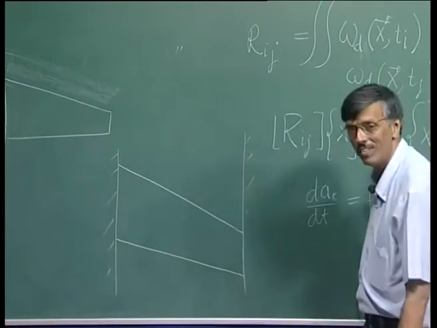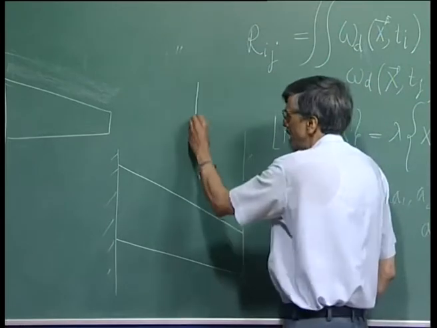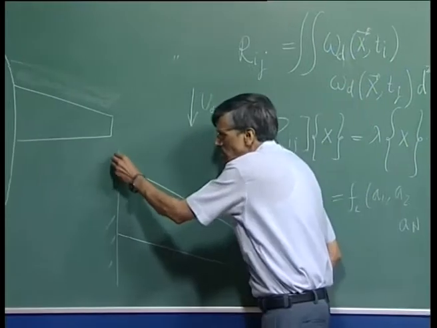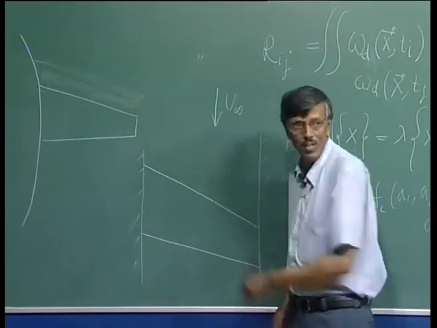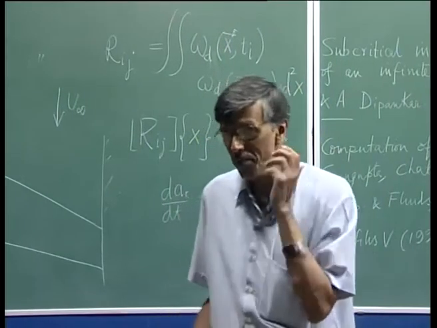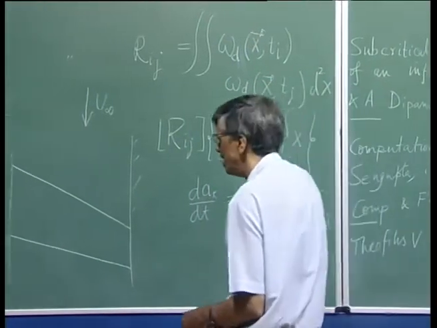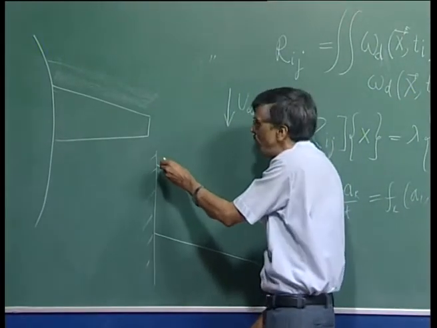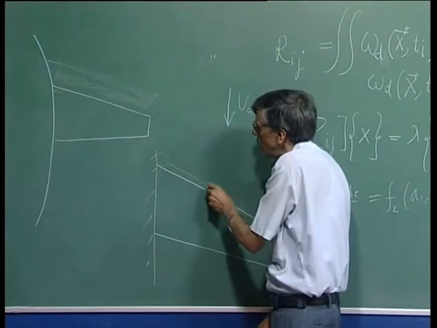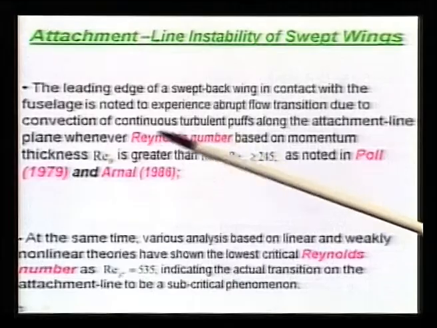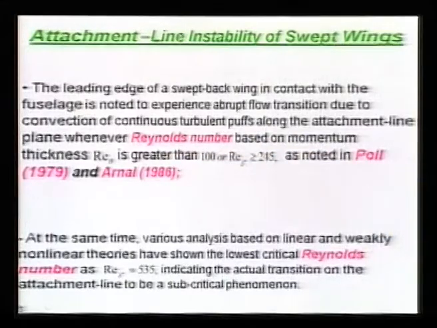Then what happens? Flow is coming like this. Because of this junction, you will create eddies, corner eddies, and because of the sweep, those eddies are not able to stay there. They are forced to convect this way.